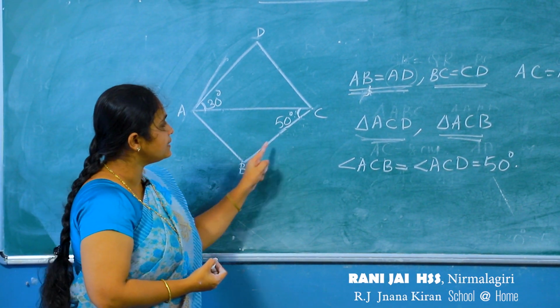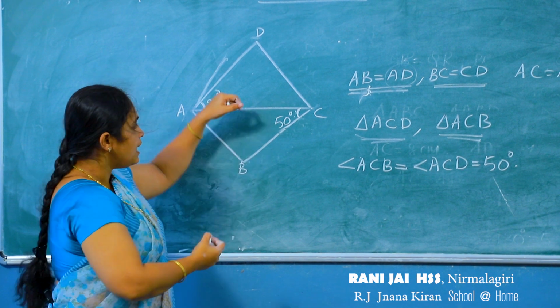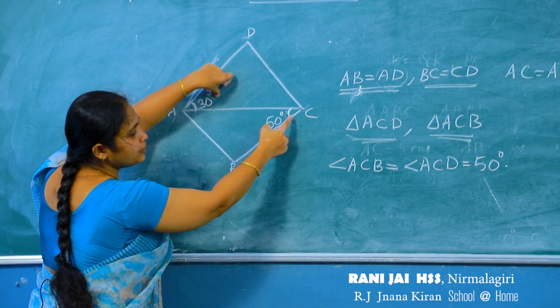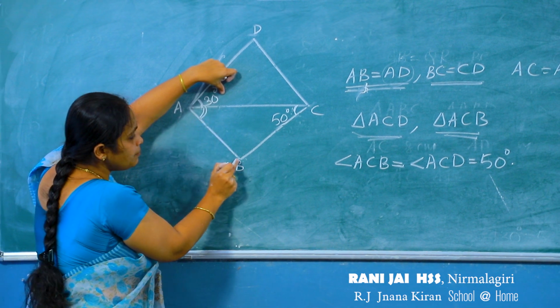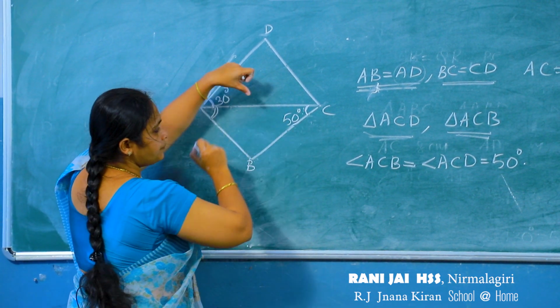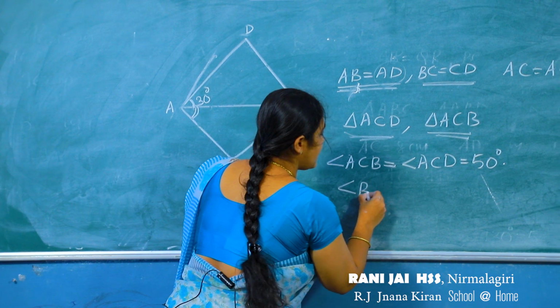Okay. Now, consider the second side BC equal to CD. Now, consider BC in this triangle. The angle opposite of this side BC equal to this angle, angle BAC.